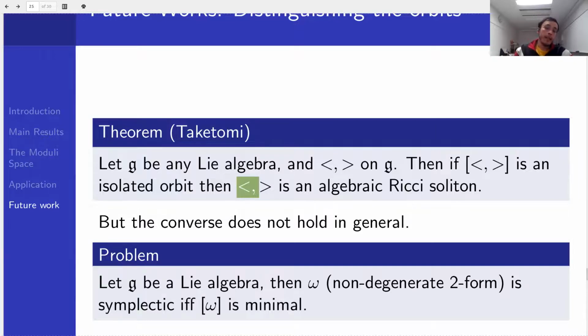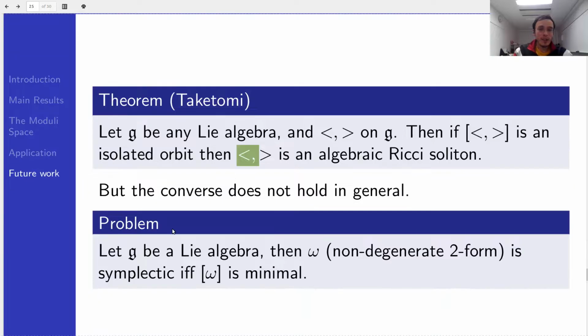So the idea is whether I can do the same for the symplectic case. The truth is that I don't have any result yet. Of course you can ask something like: let G be a Lie algebra and this a two form; this is symplectic if and only if this is minimal. I don't think this is true, but maybe at least in some special case.